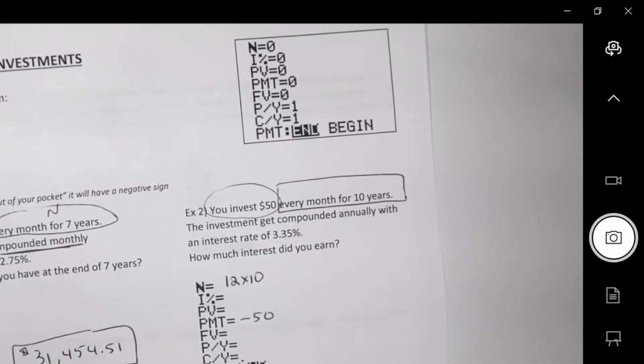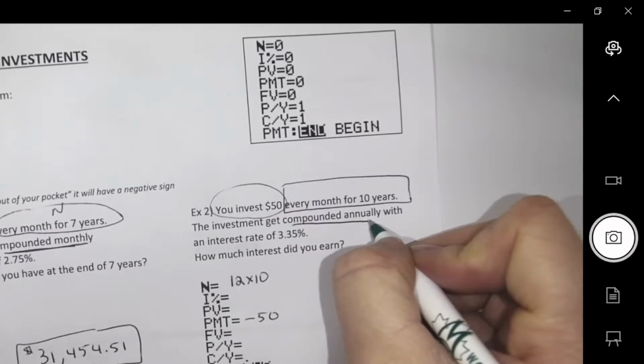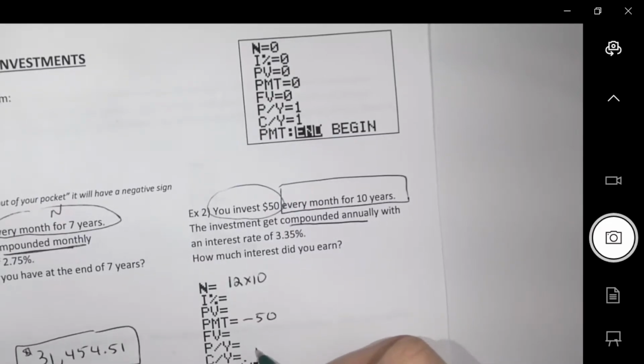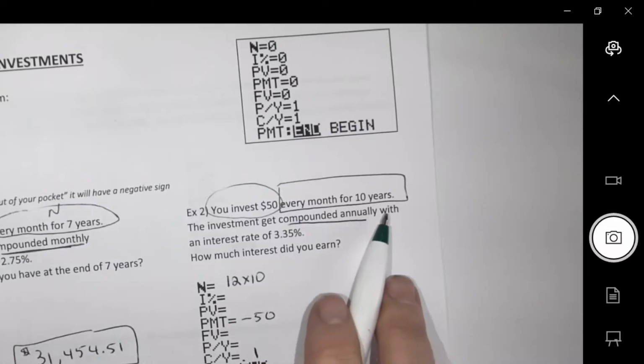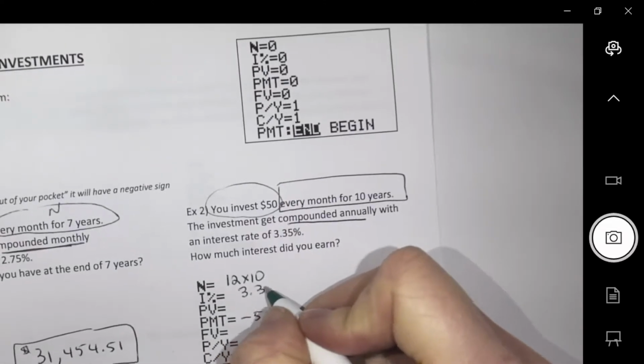Okay, next, it says the investment gets compounded annually. I'm going to go to compounds per year and put a 1. Interest rate, so the I is 3.35.